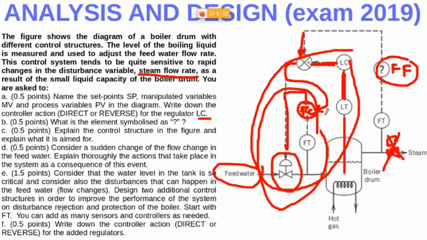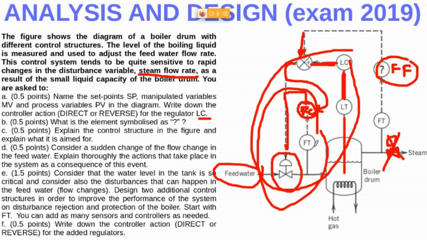But as I told you at the beginning of this video, multiple controllers do not imply multiple devices, right? The same digital device can perform all these control strategies, right? So it's not expensive to add this controller.